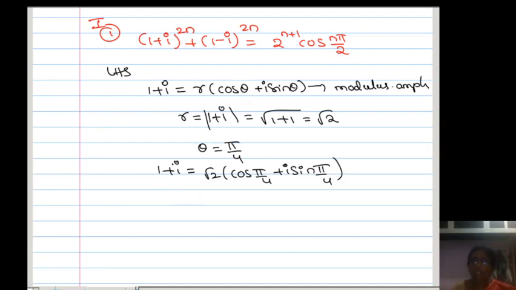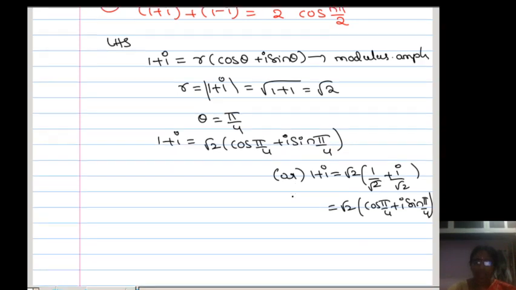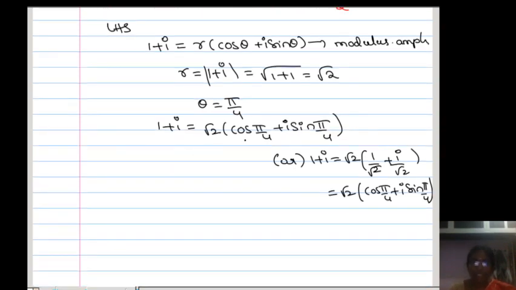So for 1 plus i you multiply and divide by root 2, giving 1 by root 2 plus i by root 2, and root 2 stays as it is. But finally you are getting the same answer. Finally, 1 plus i is this.